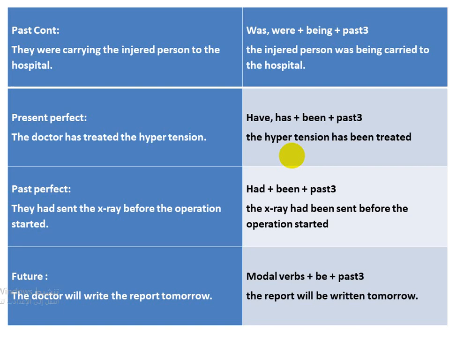When you come to future, you have to follow will, which is a modal verb: will be written, will be plus verb 3. For example, will be written tomorrow by Victor, or we said by him.